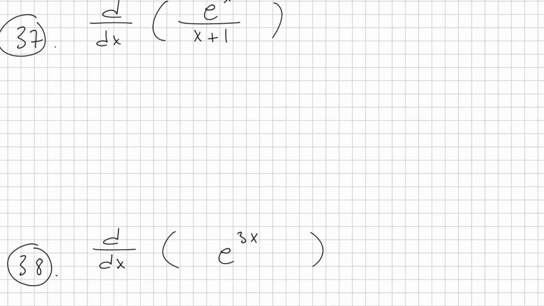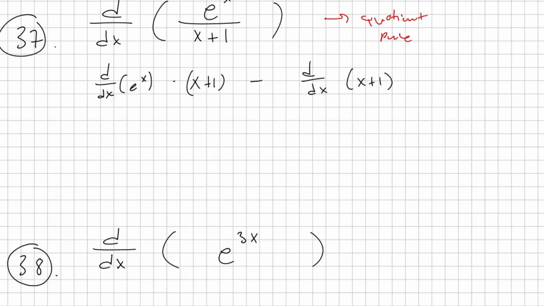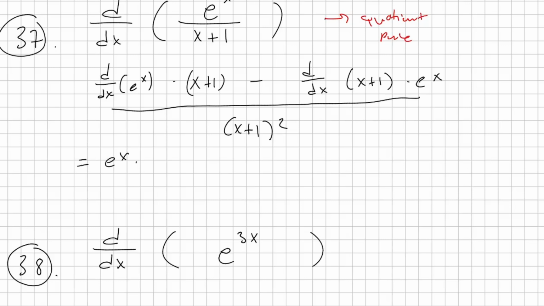Alright, so here's the derivative of e to the x over x plus 1. Again, this is a quotient rule problem. So it's going to be the derivative of e to the x multiplied by x plus 1. Subtract out the derivative of x plus 1 times e to the x, over x plus 1 squared. So it's going to be e to the x times 1, right?